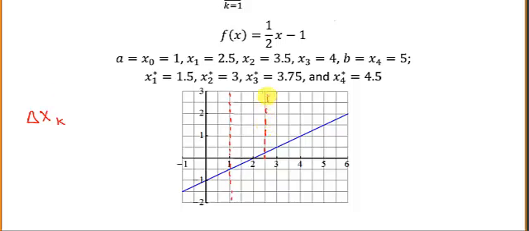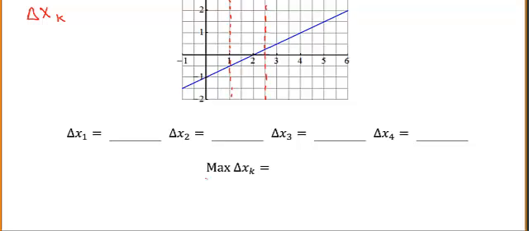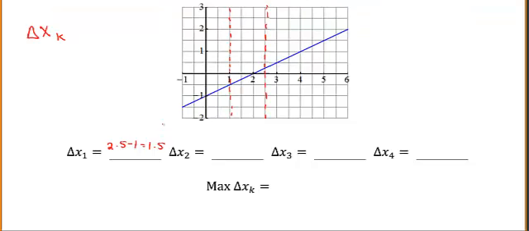So I have this first interval, which goes from 1 to 2.5. Its length is 2.5 minus 1, so delta x sub 1 is 1.5. That's the length of my first interval, and that's what I call delta x sub 1.